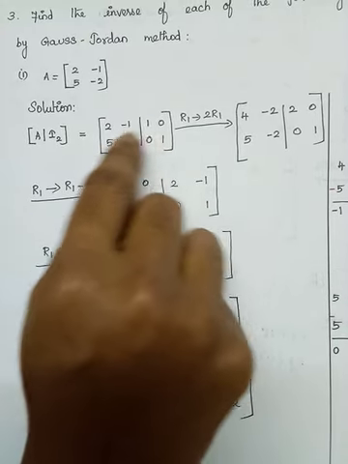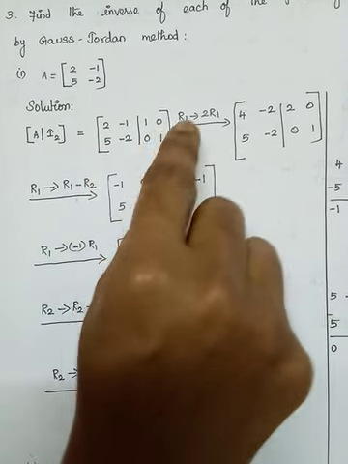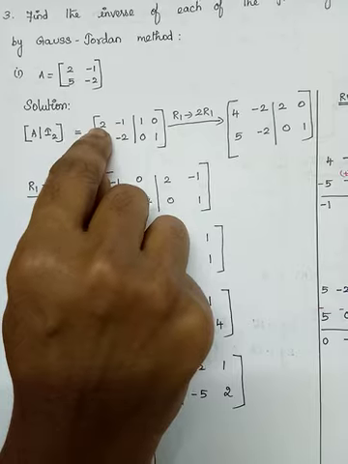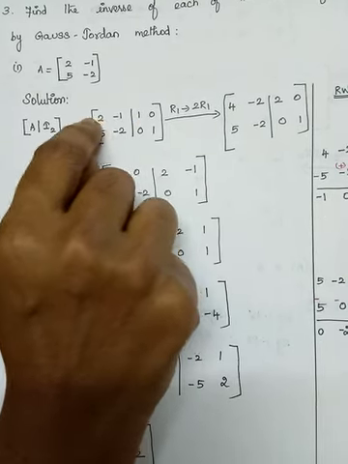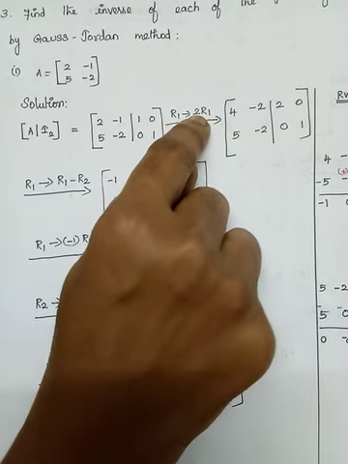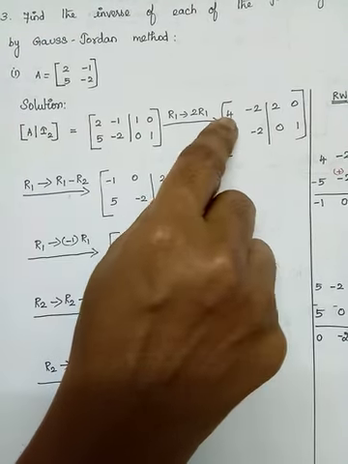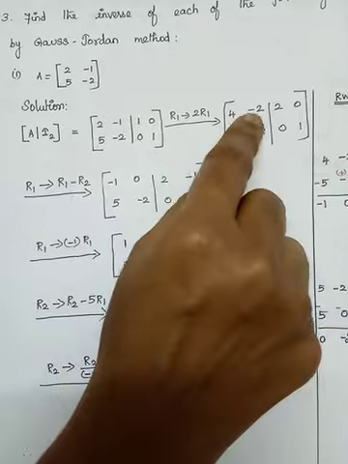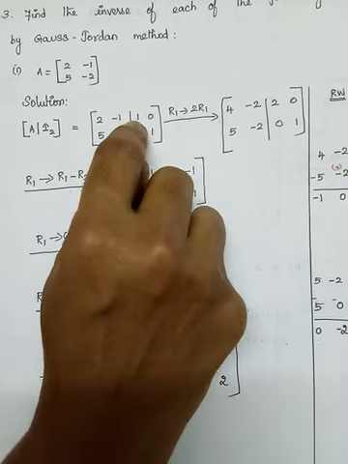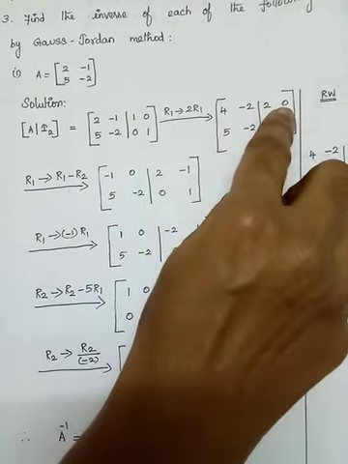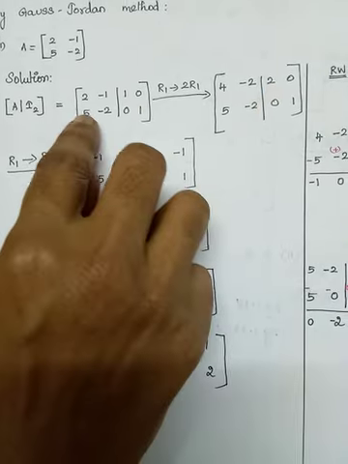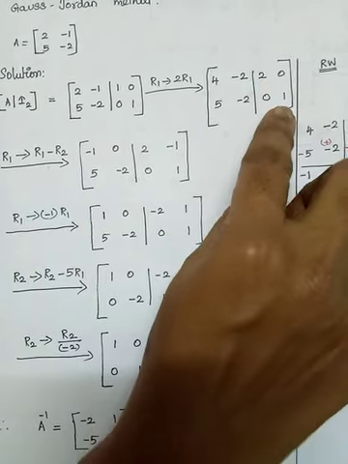So here you see the transformation: R1, not only this element, the whole row has to be multiplied by 2. When you multiply R1 by 2, it becomes 4, minus 1 becomes minus 2, 1 into 2 is 2, 0 into 2 is 0. Here I have written R2 as it is.